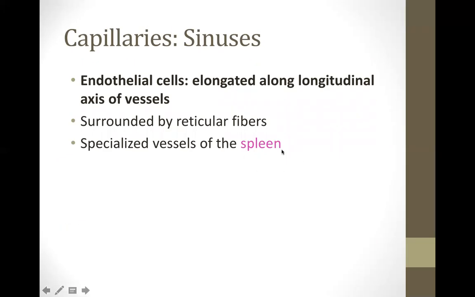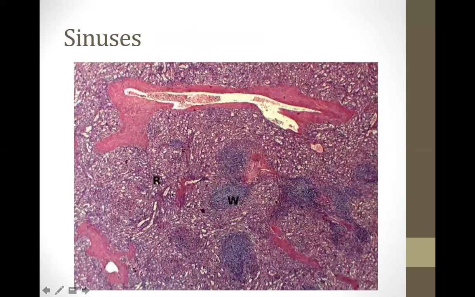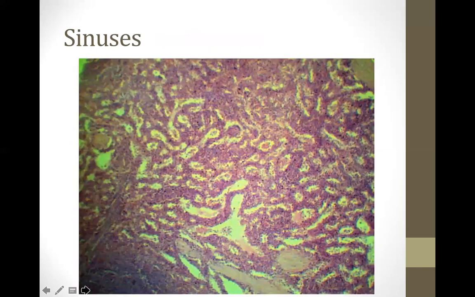Sinuses are found at the spleen, specifically at the red pulp. No, red pulp. This is the white pulp. This is the red pulp. Ayan. So if this is the spleen, if you see any spaces in between this one, these are all your splenic sinuses. Okay? Splenic sinuses.